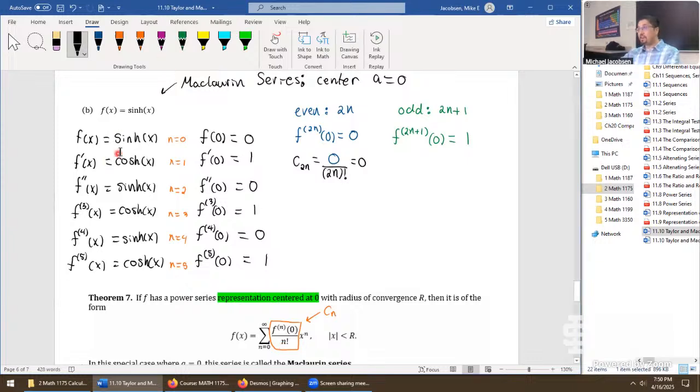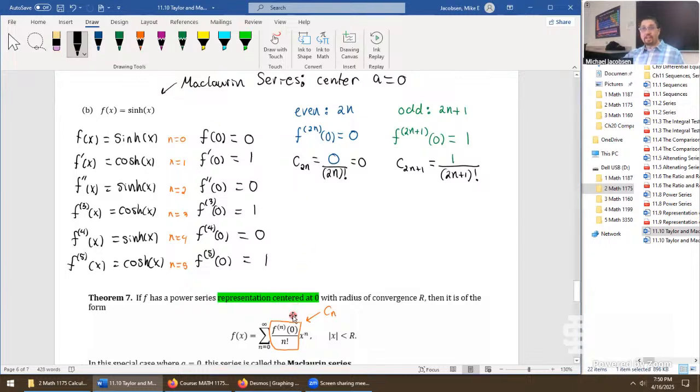So we're going to delete the 0 values and only keep the non-zero values. So on the right, here's the non-zero stuff. C at 2n plus 1, the coefficient at odd indices, is what this is saying. We'll take the derivative at 2n plus 1 in the numerator. That's just a 1. And then it will divide by 2n plus 1 factorial.